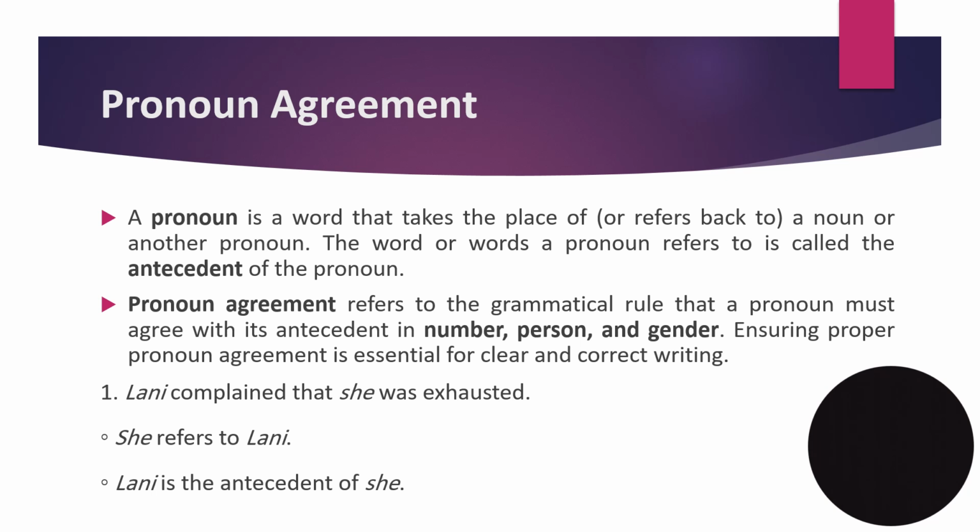Pronoun agreement refers to the grammatical rule that a pronoun must agree with its antecedent in number, person, and gender. Ensuring proper pronoun agreement is essential for clear and correct writing. Lani complained that she was exhausted. She refers to Lani. Lani is the antecedent of she.